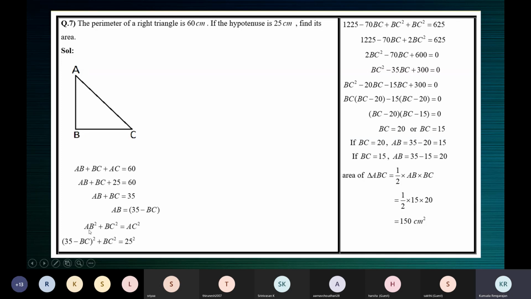Now it's time to create the equation. We use Pythagoras theorem, substitute the values given, get the equation, solve it and find BC. Okay, any questions?